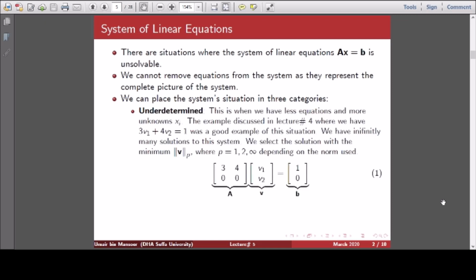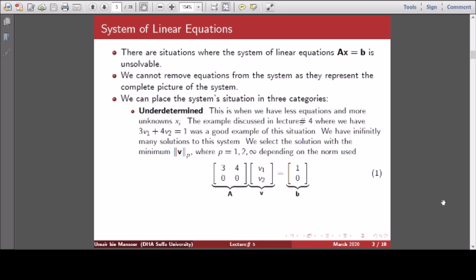So the first case is the underdetermined case, where we have more unknowns and fewer equations.